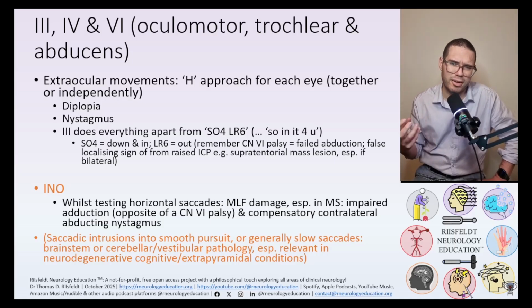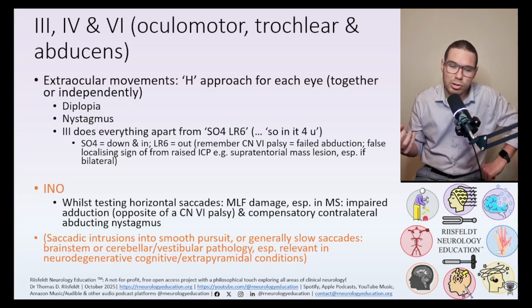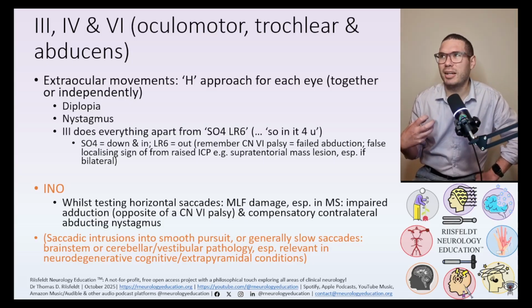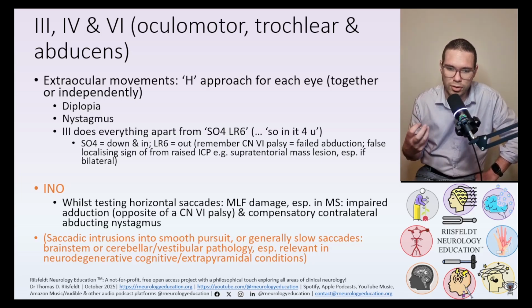The other thing that people often like to comment on, which I don't think is super helpful a lot of the time, but it's a good thing to take note of if it is present, is are there saccadic intrusions into smooth pursuit? Or are the saccades slower than you would expect them to be?